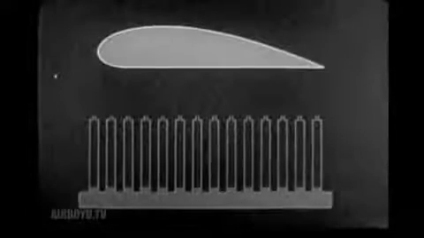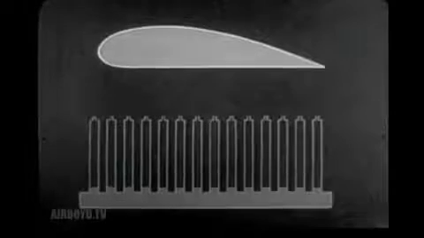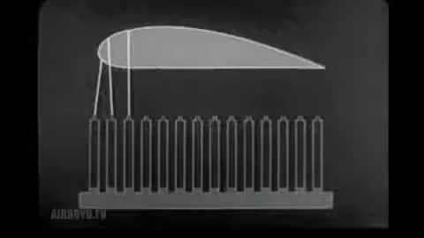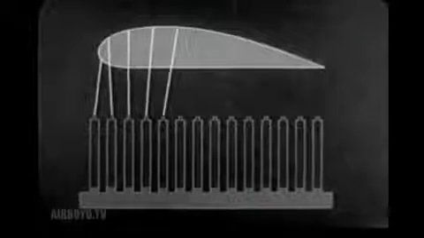Operating on these principles, this bank of manometer tubes is used to determine pressures on an airfoil. Because all tubes are at the same pressure, being exposed to the atmosphere, the levels in the tubes are equal. For test purposes, each manometer tube is connected to a different point on the surface of the airfoil.